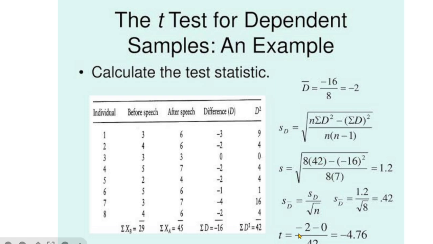We got -2 from the difference minus the hypothesized value, which in this case was 0. So you subtract it and divide by the standard deviation over root n, which was 1.2 divided by root 8. The value we got, we divided it and we got the t-test statistic.